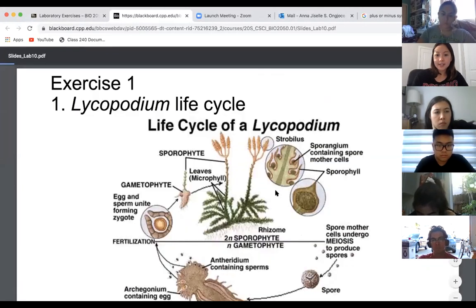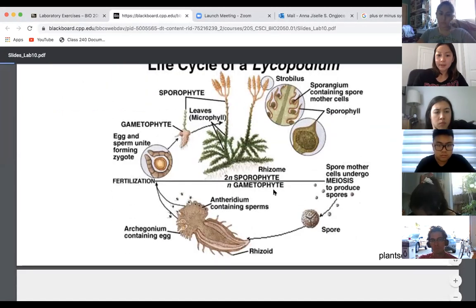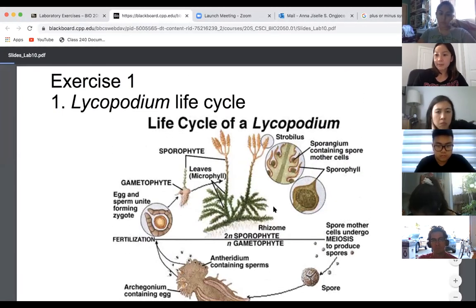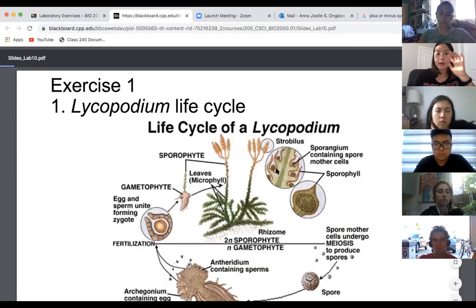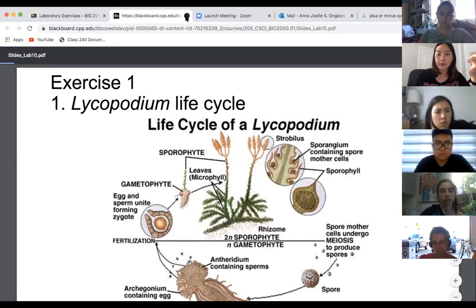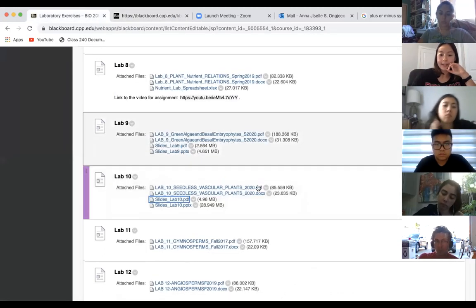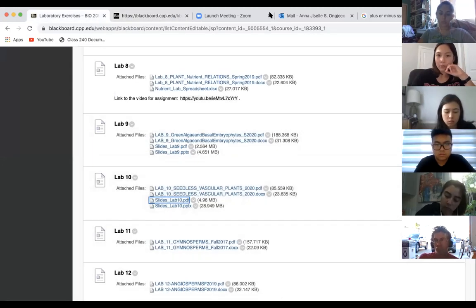So for example, like if it says, look at the life cycle of a lycopodium, he has the life cycle right here in the document to help you answer the questions. And then this is still loading, but pretty much he has all the photos on here to help you answer the corresponding questions. So keep that in mind. We are gonna post something like that for the next 2 labs as well.